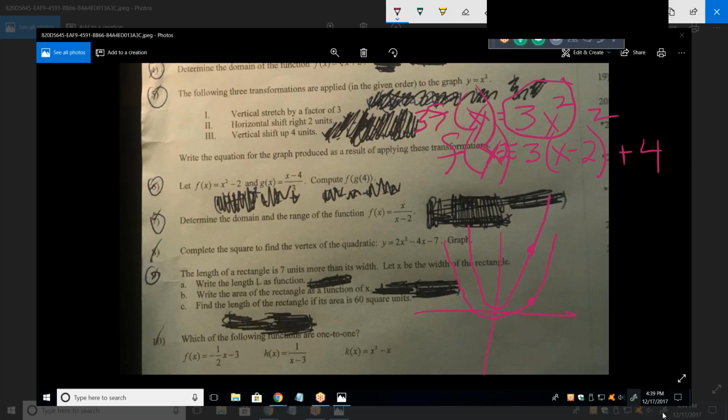So it's really much easier to remember those transformations if you think of them as being 6 in total, 3 vertical, 3 horizontal. Every time you see something inside, it's horizontal. Every time you see a number outside, it's vertical. Okay. Including reflections. Now, what I call a vertical reflection is a reflection over the x-axis. So that would be a vertical reflection, and it's outside the function. If I wanted a horizontal reflection, it would be inside the function, the negative sign. That would be horizontal reflection.